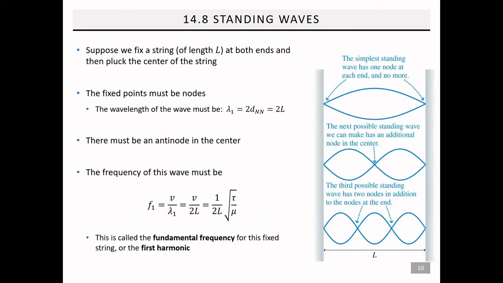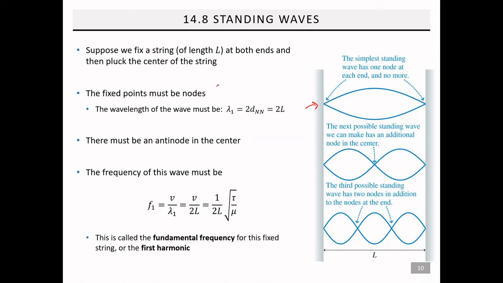So now suppose that we fix a string so that it's attached to a wall on both ends. And then suppose that we pluck the center of that string. We'll be in the situation shown at the top in the first picture. The two ends do not move at all because they're fixed to the wall. So these points must be nodes.